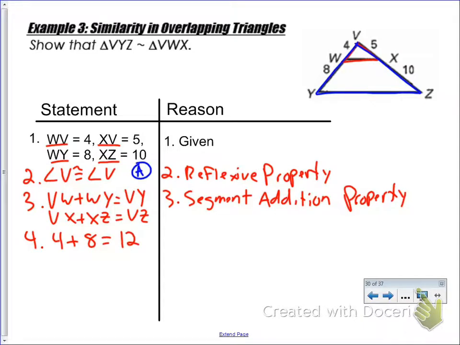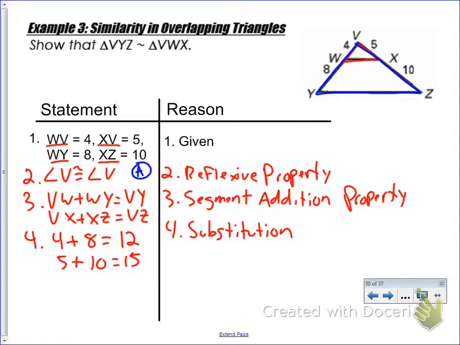VX is 5 plus XZ, which is 10, and that's going to equal 15. And again, my reason for this is substitution. So now I know how long VY and VZ are. VY is 12, VZ is 15.